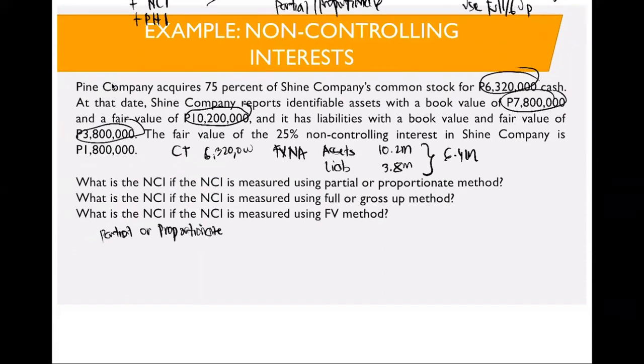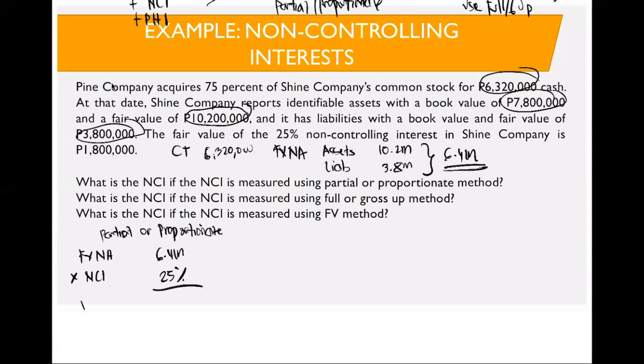To compute for your partial or proportionate, we get first the FVNA, and we multiply it by your non-controlling interest. What is the FVNA? 6.4 million pesos. What is the NCI? 25%.